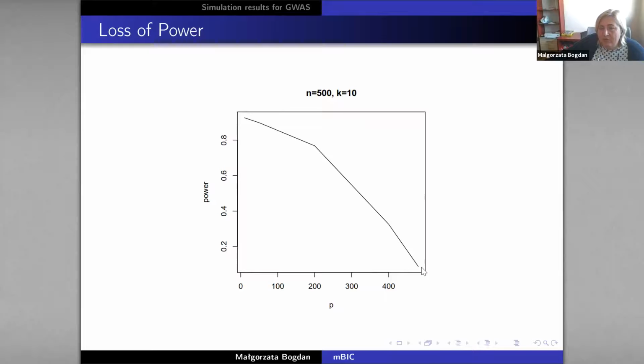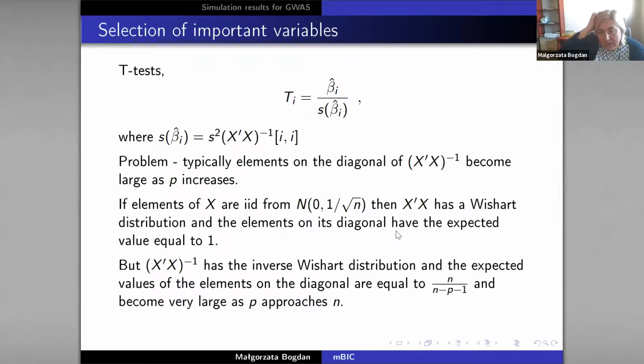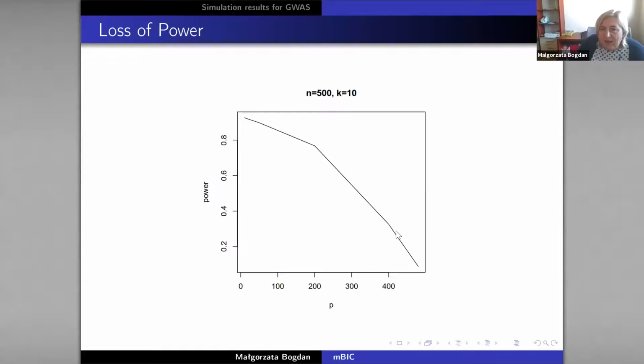I hope you understand this. What happens is that when you increase your p, so your p becomes close to your n, so your number of variables becomes close to the number of observations, then the variance increases a lot, and the power of your tests drops. So this is the price.